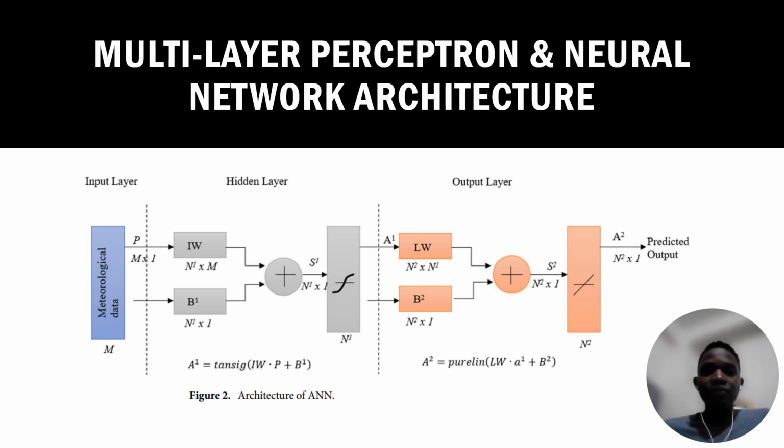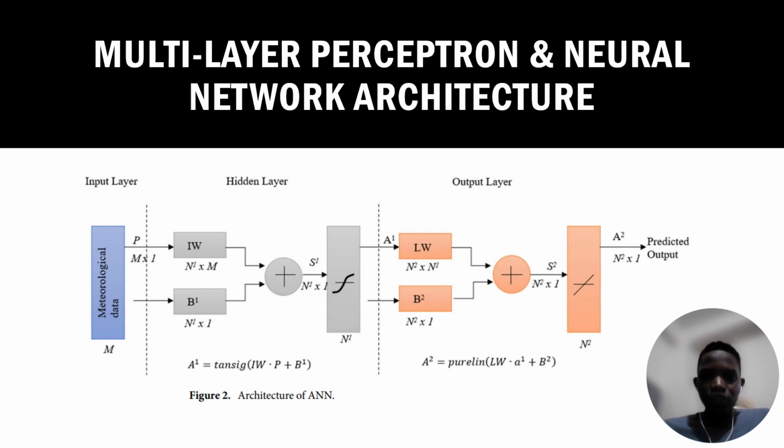The input weight matrix IW is calculated as N1 times M, whereas B1, which is our bias vector, and we'll touch more on bias in a later slide, is an N1 length matrix. This is similar for the components in the output layer, only differentiated by the superscript 1 and 2 beside the matrix, where 1 would mean that the matrix is associated with the input layer and 2 means that the matrix is associated with the output layer.